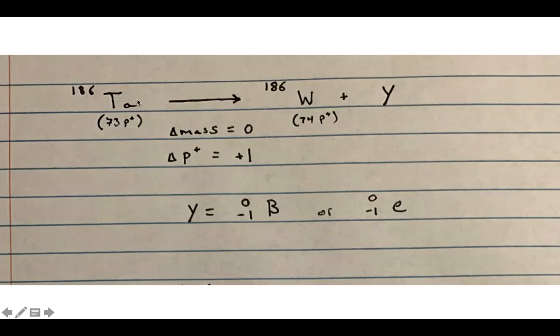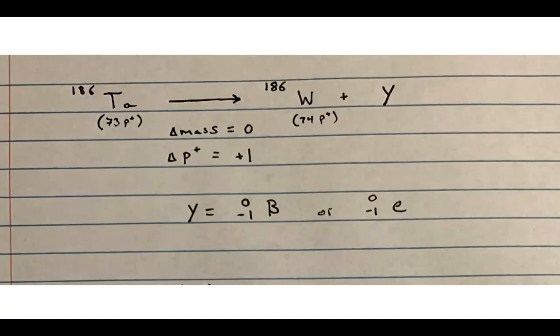So here, Ta 186 is going to be converted into W, which is tungsten 186. Because they both have a mass of 186, we know that there was no mass change during this decay step. But when we compare these two elements, Ta has 73 protons, while W, tungsten, has 74 protons. So we actually increased by 1 proton during this step.